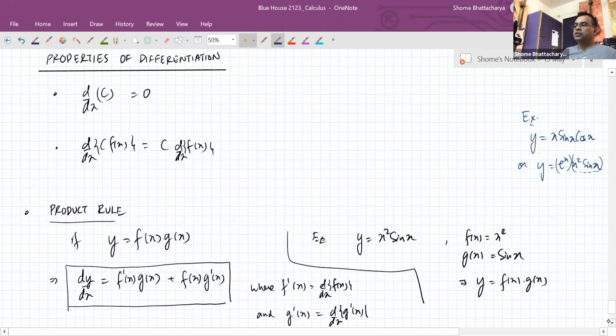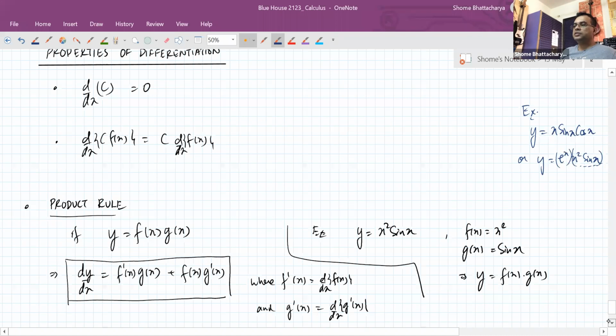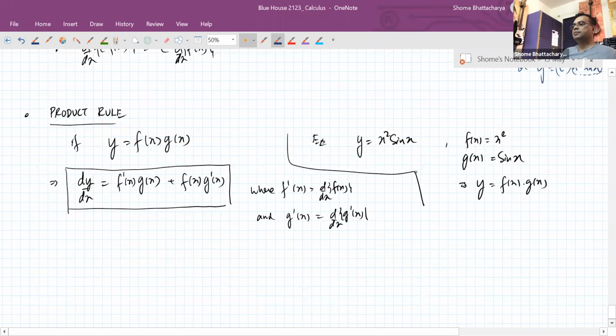Okay, but let's keep it simple in the beginning. Let's first look at the application for some simple two function products. So y is equal to x square sine x. You want to find the derivative of this function.